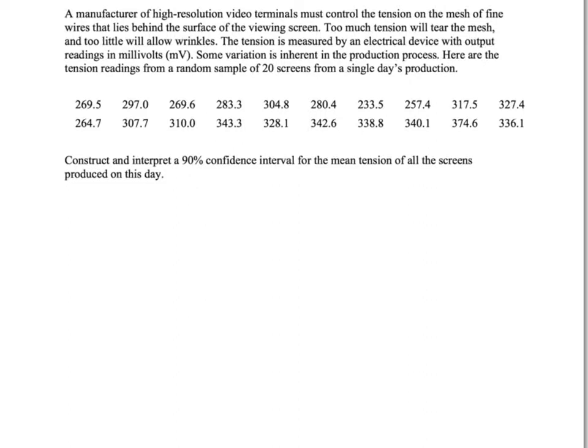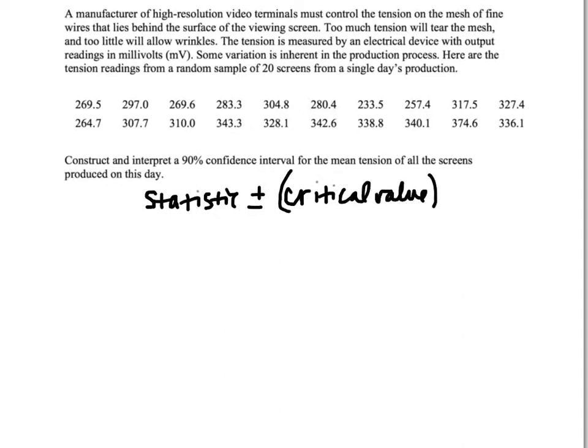So remember, confidence intervals are the statistic plus or minus the critical value times the standard deviation. Now in this case, since we're estimating the mean, our statistic is the sample mean.